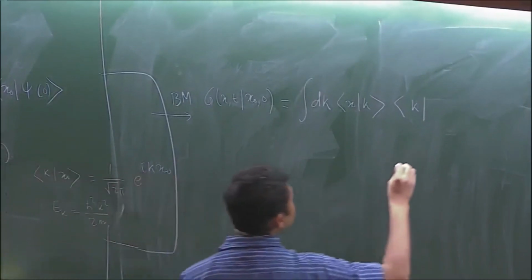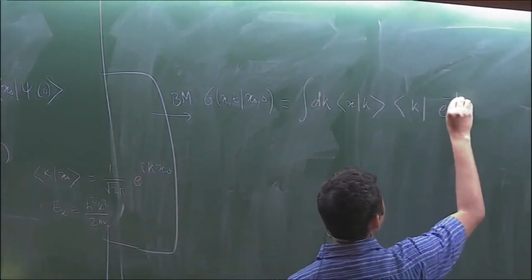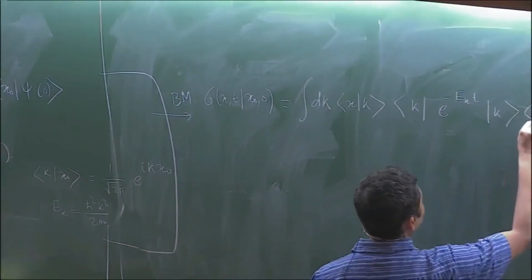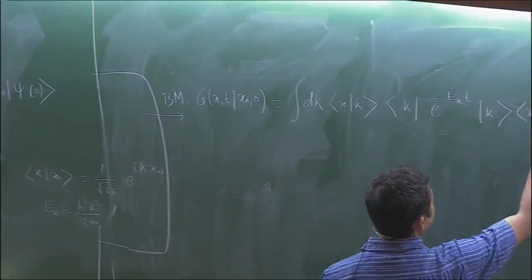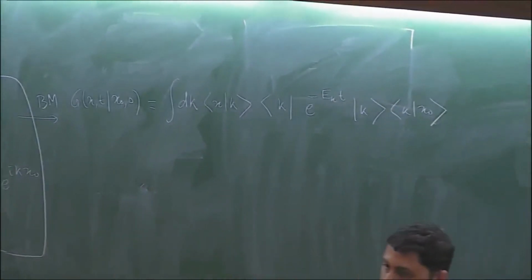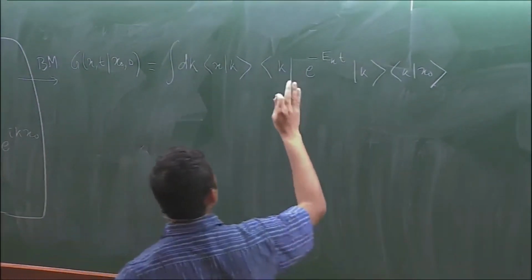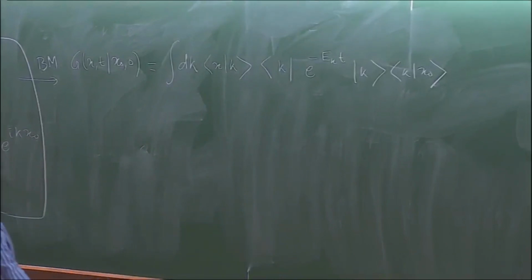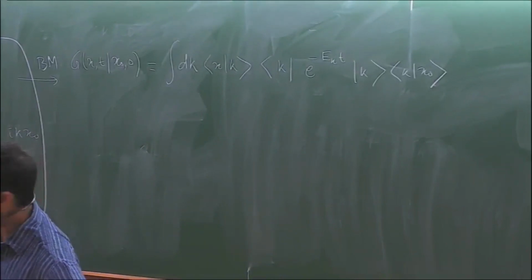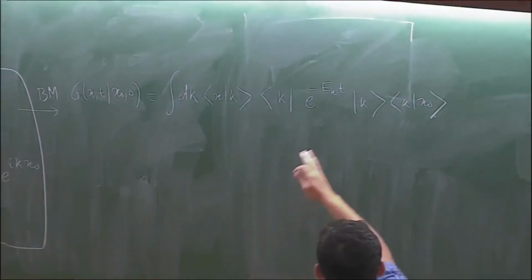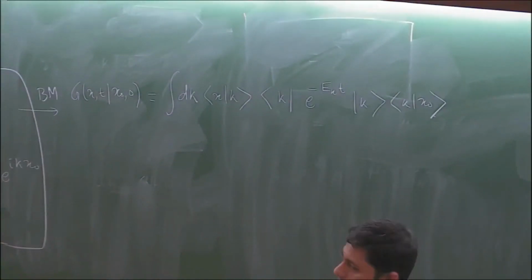So this becomes e to the power minus E k t, k x0, right? So in fact, this is when it goes from amplitude to probabilities, right? Because this guy goes away, no? Now this one I can compute, in fact, right?